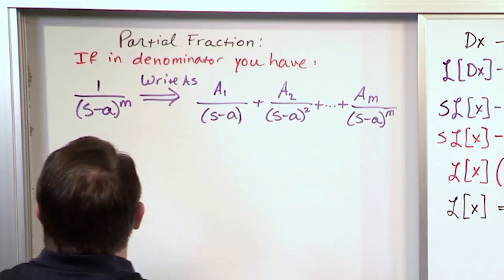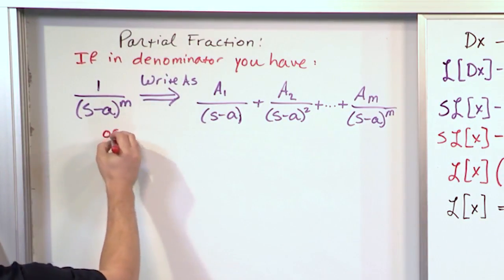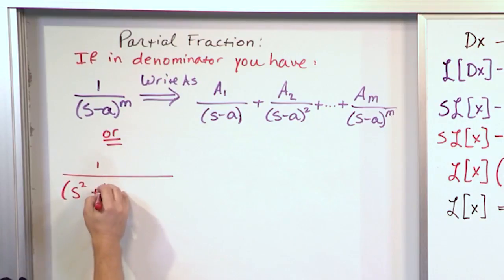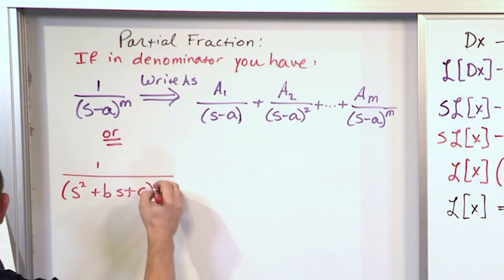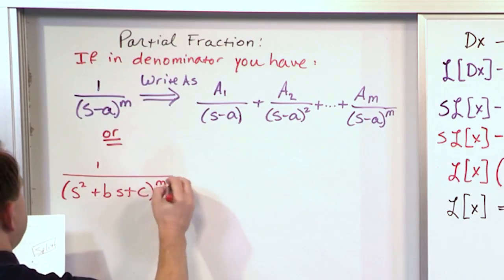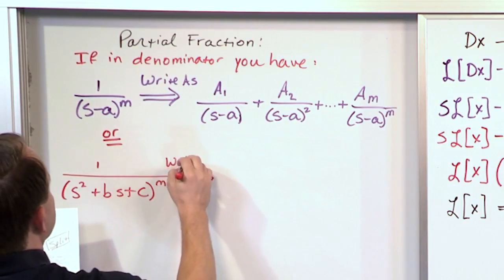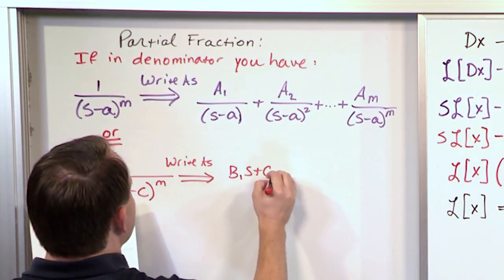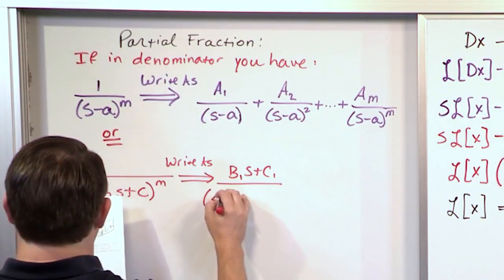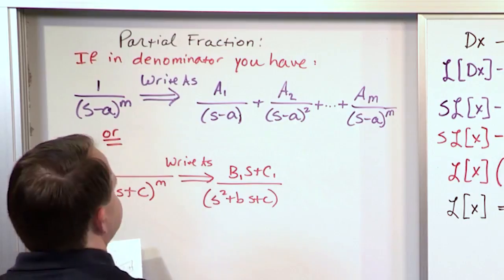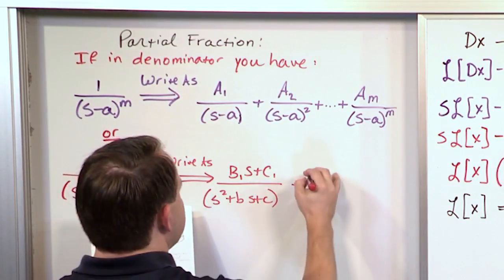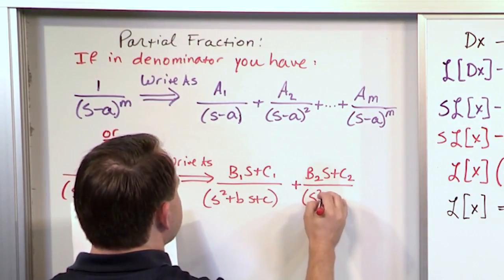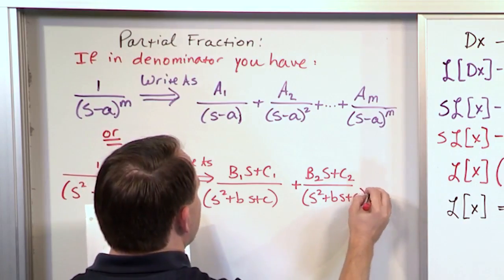All right, let me write something else underneath it. Something like this: 1 over s squared plus bs plus c to the mth power, then you write it as b1s plus c1 over s squared plus bs plus c, plus b2s plus c2 over s squared plus bs plus c squared.